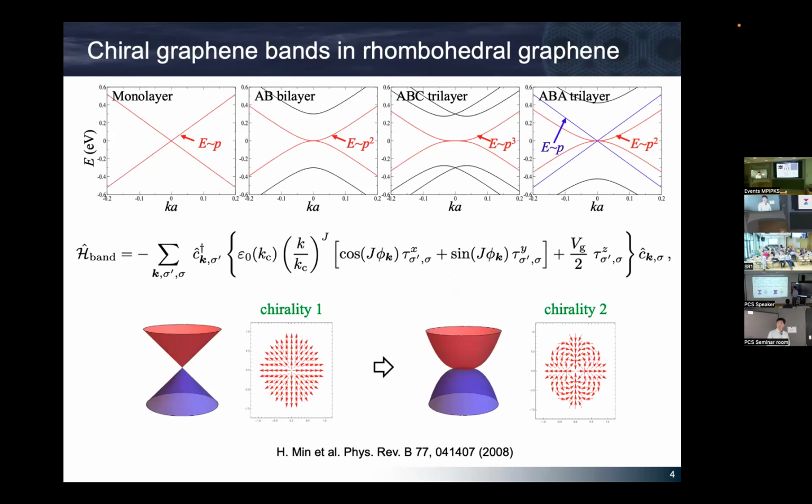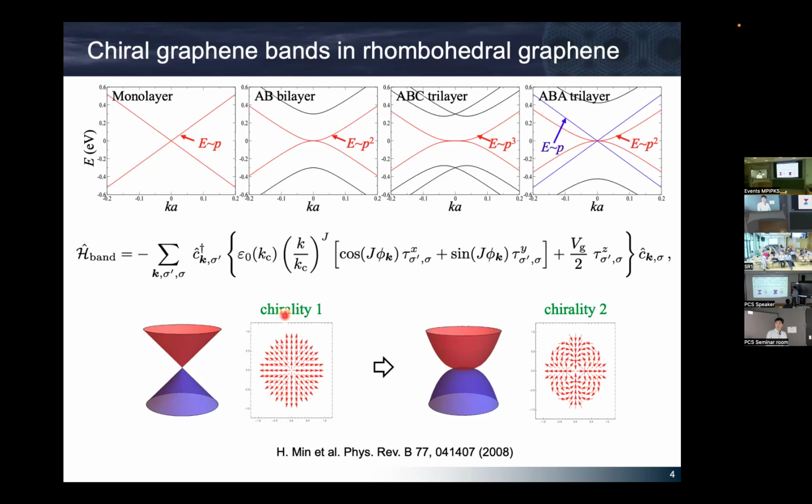And when we move to rhombohedral multilayer graphene systems, we progressively, in the minimal model approximation, go from linear, quadratic, cubic, and so on and so forth. We progressively flatten the band dispersion, and we also modify the chirality of the bands.